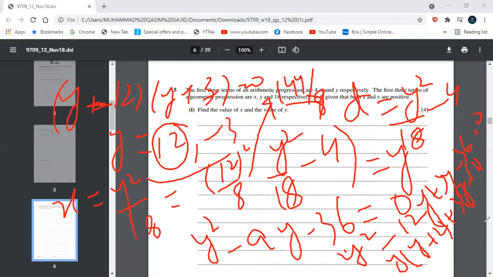Sorry, it is 18. 144 upon 18. So the value of x is 144 upon 18. 18, not 8, 18. So the answer is 8. Yes, so this is the end of this question.